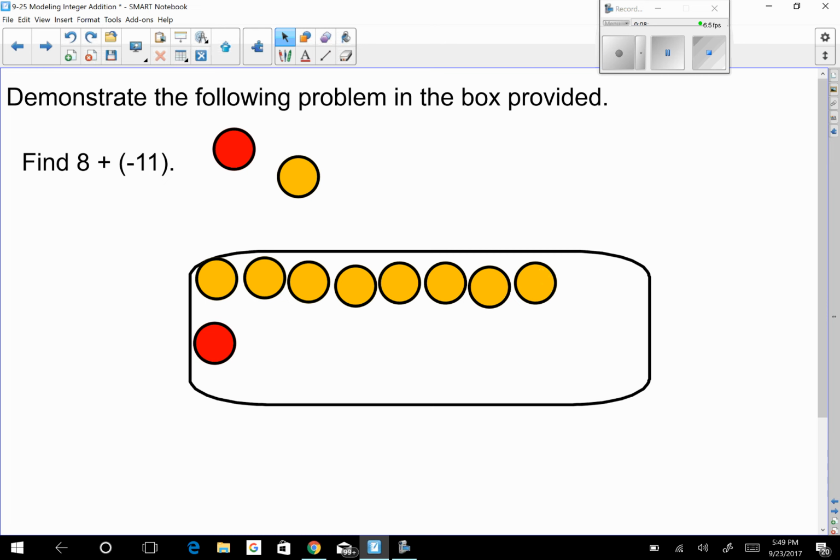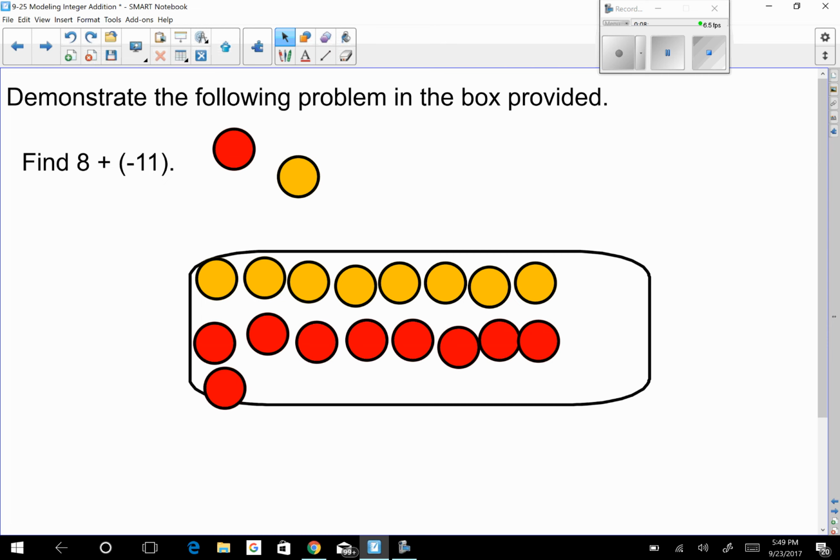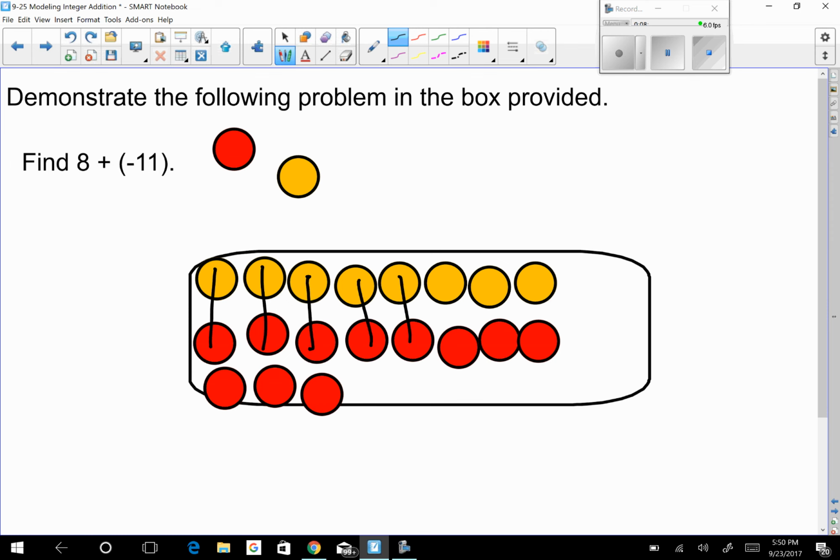So 11 negatives. 1, 2, 3, 4, 5, 6, 7, 8, 9, 10, 11. What happens with one positive and one negative? They cancel. One positive, one negative, cancel. Positive and negative, cancel. What do you have left that's not canceled out? These 3 negatives. So +8 plus -11 is -3.